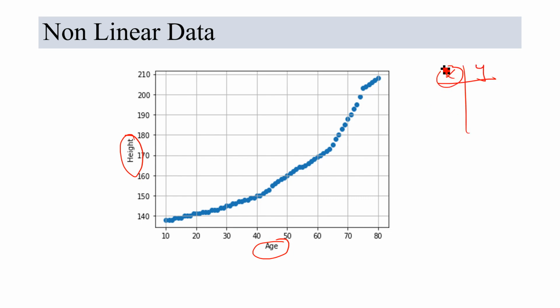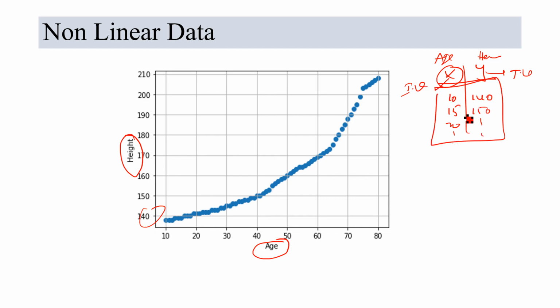Here x is the age, y is the height. So x is the independent variable and y is the target variable, the output variable. The age data is like 10, 15, 20 and the height starts from 140, like 140, 150, like this. So this is the data.